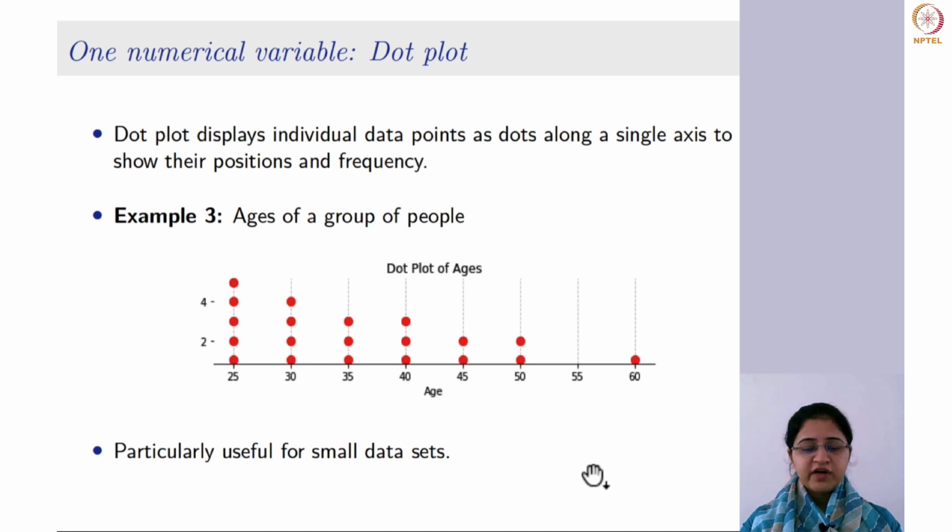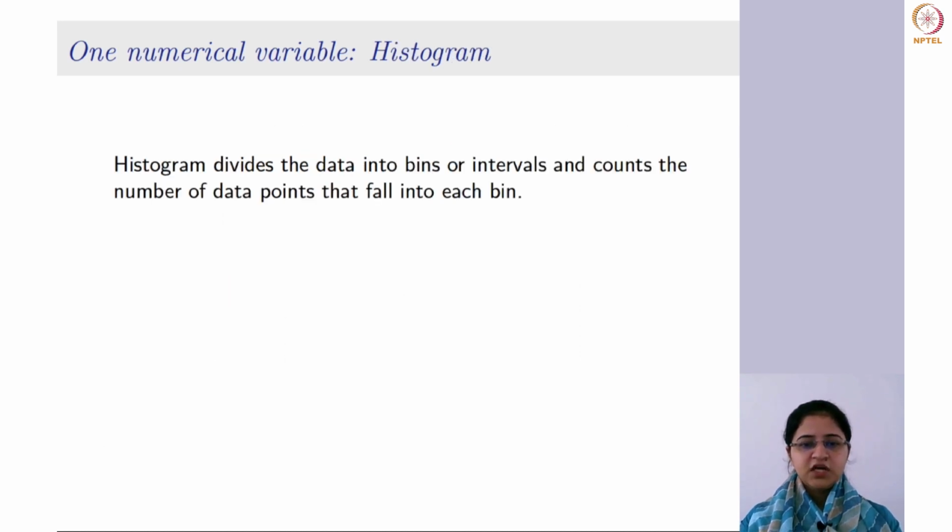So in order to rectify this, one can make a histogram where instead of marking the exact data points as dots, we categorize them into different class intervals or bins. And then we see in each bin how many points are falling. So let us see that. A histogram is basically used when we have more data points, and it divides the data into bins or intervals and counts the number of data points that fall into each bin.